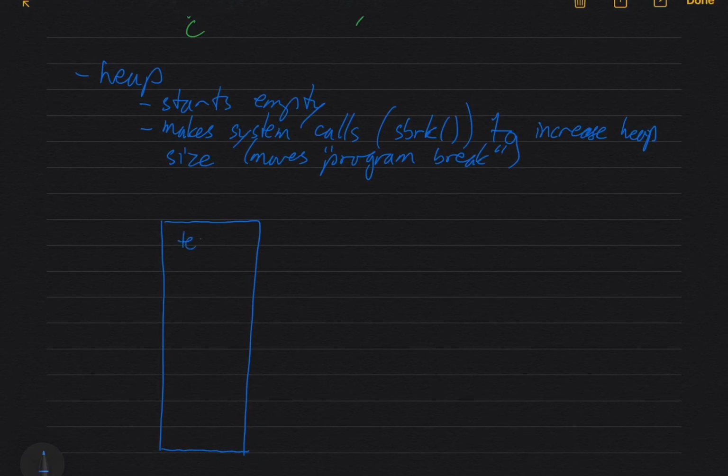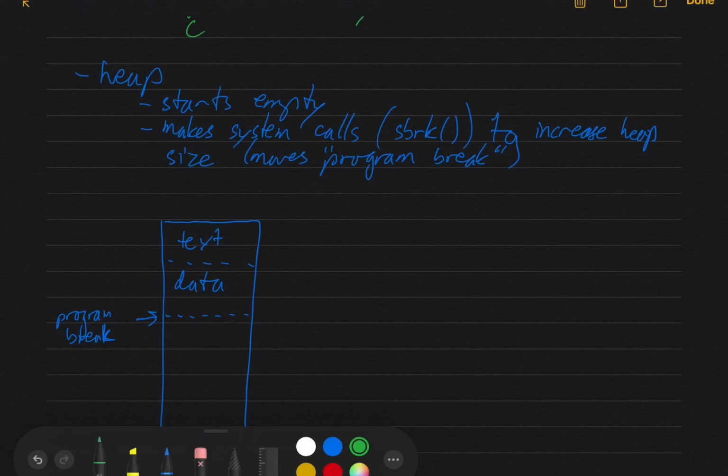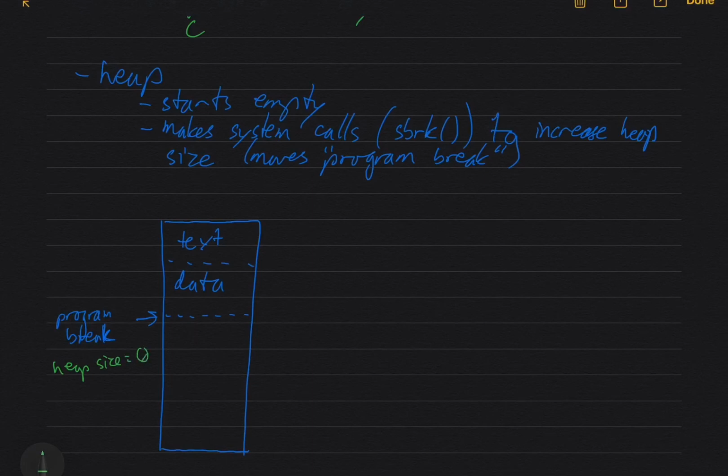And so we've got the text segment, we've got the data segment, and the program break starts here. And if that's the case, then the heap size equals 0. And to be complete, we should show the stack down at the bottom of the address space.